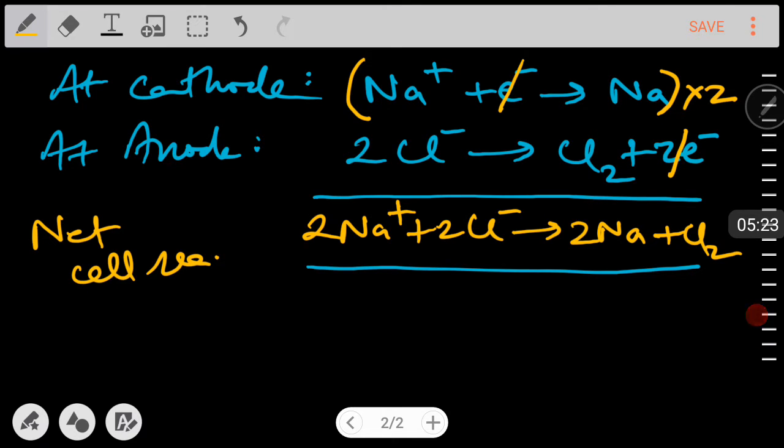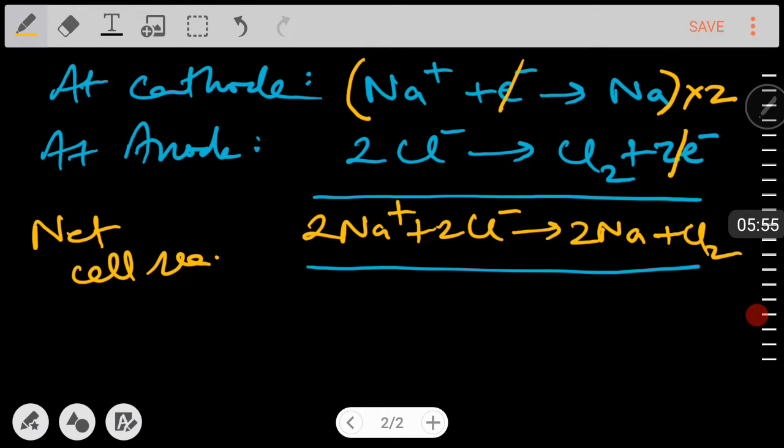Sodium is deposited at the cathode and chlorine gas is liberated at the anode. So the products of this electrolysis are sodium metal deposited at the cathode and chlorine gas liberated at the anode. This reaction takes place when you pass electricity, meaning it uses electricity. That kind of reaction which takes place with the help of external agencies is a non-spontaneous process.